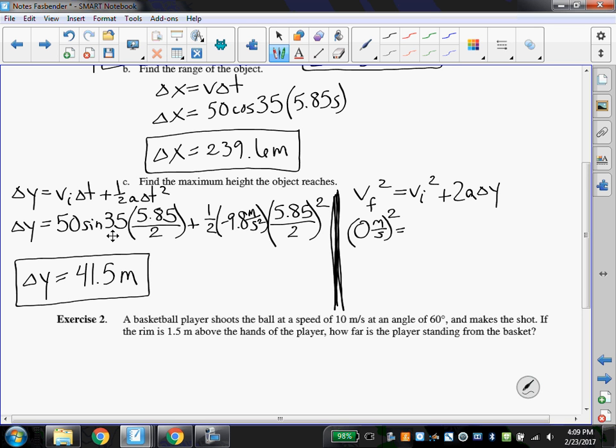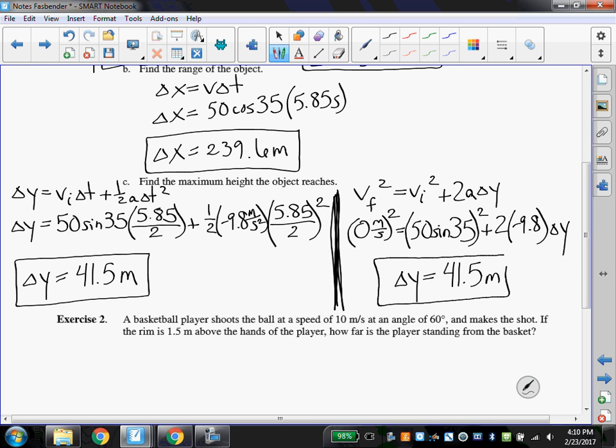So we'll have 0 squared equals 50 sine of 35 squared plus 2 times negative 9.8 times delta y. And when you do the algebra to solve for delta y, you find that you get the exact same number. Delta y is 41.5 meters.